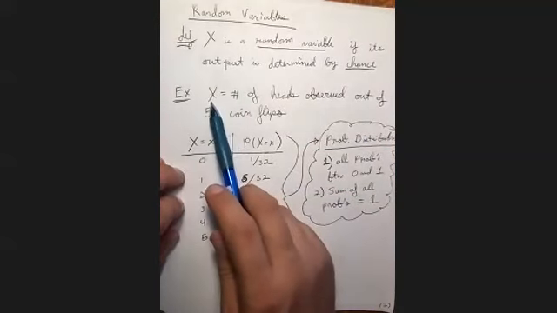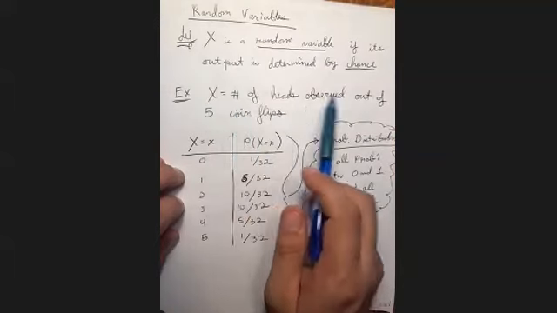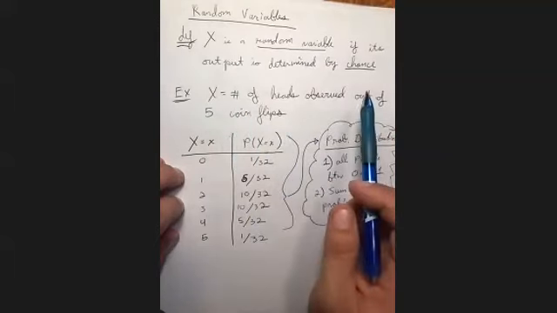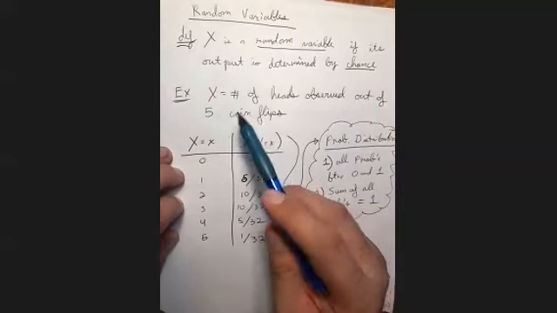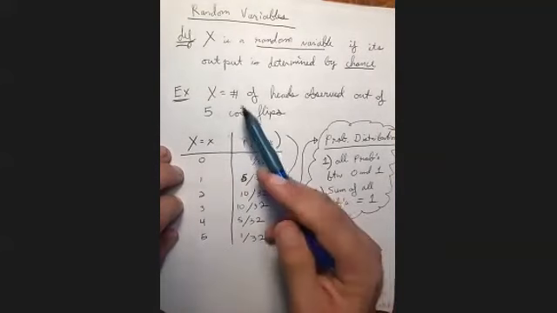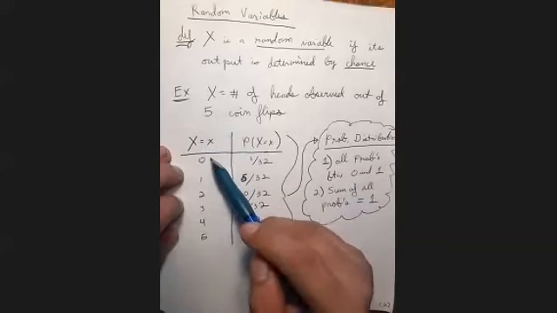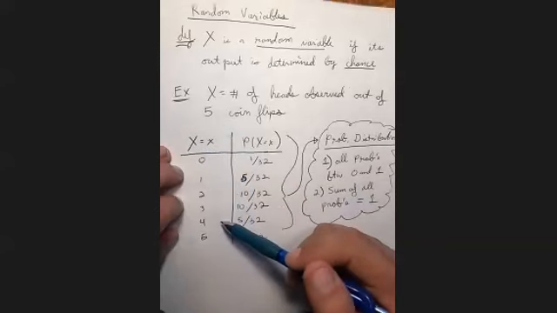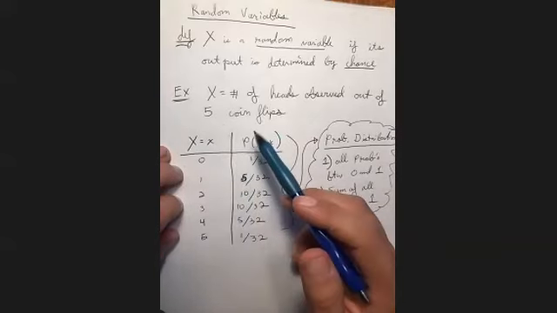So let's look at an example. If I define my random variable X to be equal to the number of heads that are observed out of 5 coin flips, then I can mathematically determine the probabilities of certain outcomes. So X counts the number of heads. In this case, I make a probability distribution table to represent all of the information.